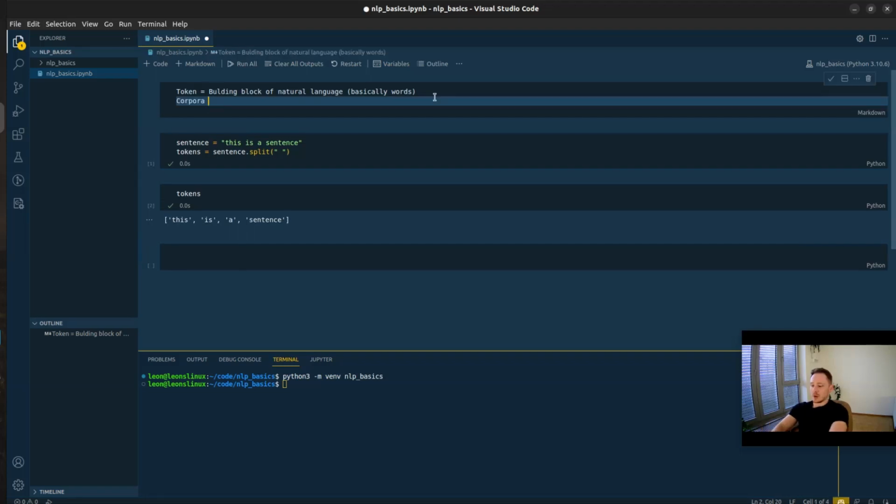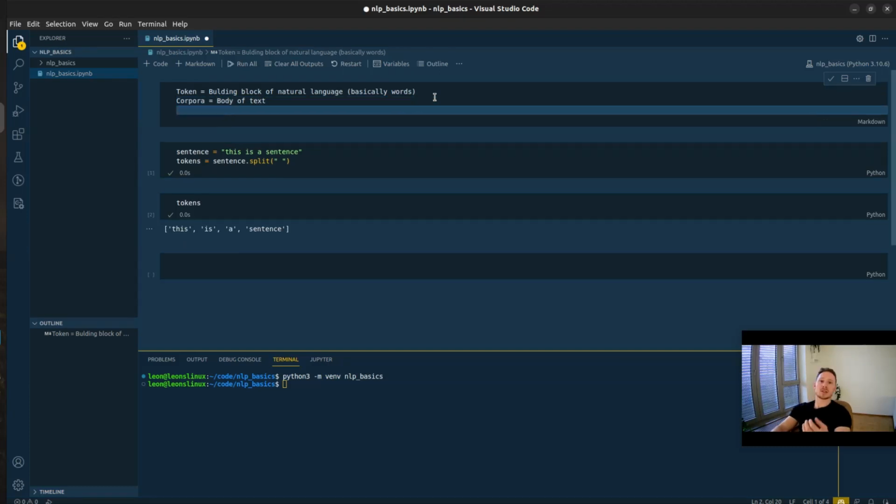Okay, what's a corpora? Corpora is a body of text. So, for example, presidential speeches would be one corpora. The lexicon is basically a dictionary, words and their meanings. But it's dependent on the context.